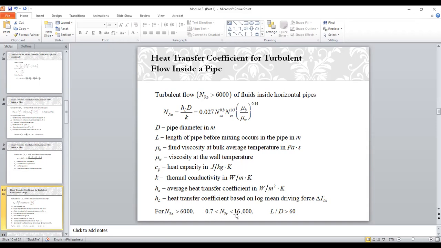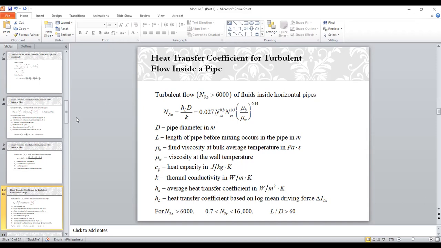So it cannot exceed 16,000, and it cannot be less than 0.7. So your Prandtl number should be within this range. And your L over D ratio should be greater than 60. So these are the conditions that you need to check before you can use this particular Nusselt number formula.